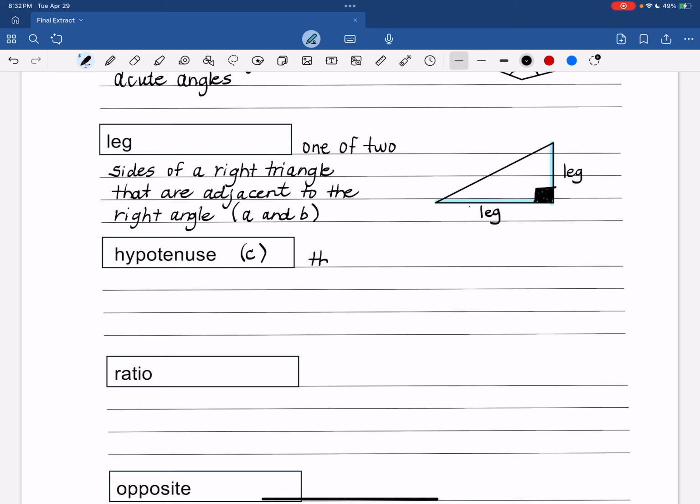Hypotenuse is the side of a right triangle that is opposite or across from. Opposite will come back in future lessons as well, opposite and adjacent, to the 90-degree right angle.